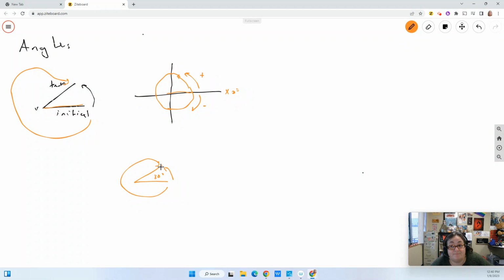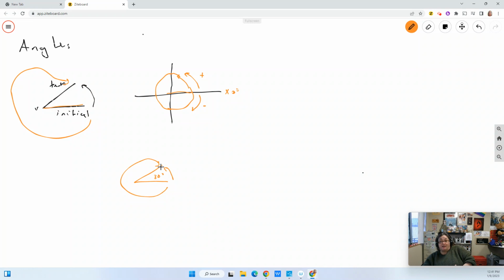Why? Because all the way around a circle is 360 degrees, right? So if I have an angle and it's 30 degrees, its coterminal angle is just going to be 360 minus 30, right? Make some sense?